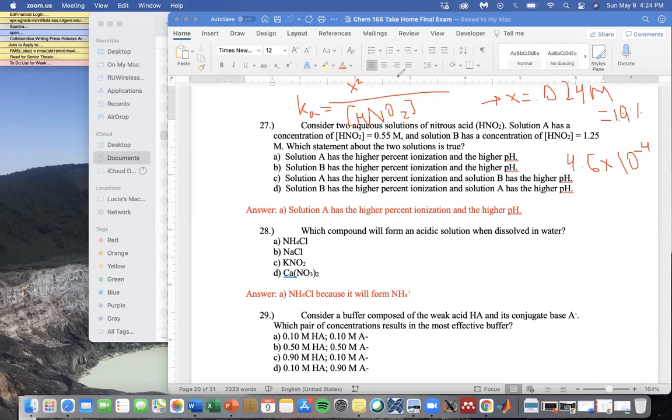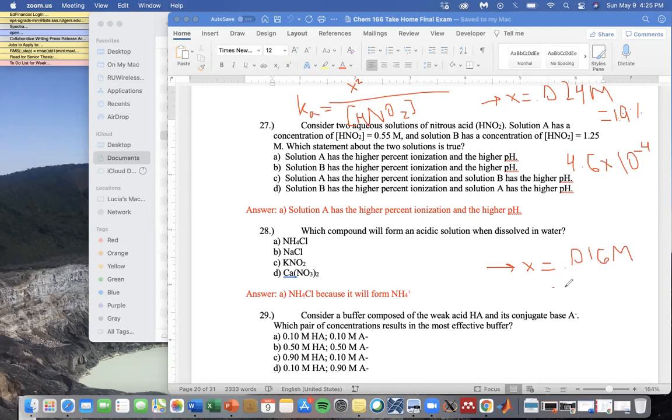If you do it for the other one, you do the exact same thing, but now you'd have your other concentration of HNO2, and then you would have 4.6 e to the negative 4 times 0.55, and then square root, and so you would get an x value of 0.016 molar.